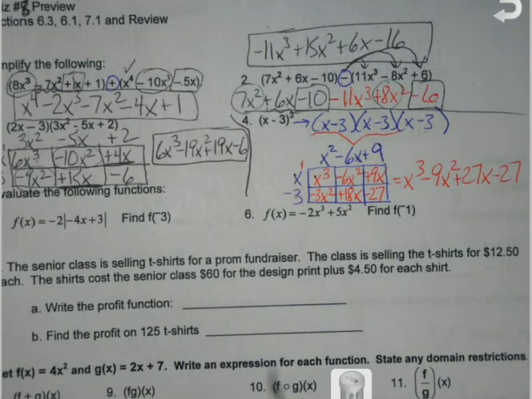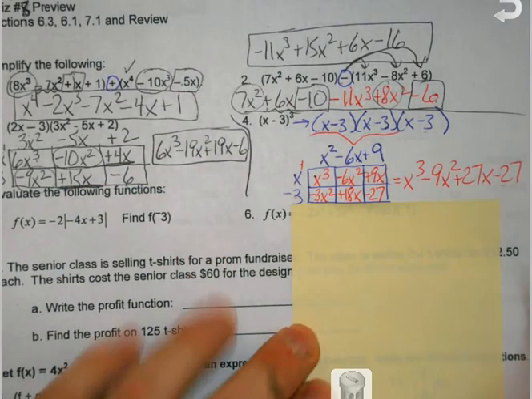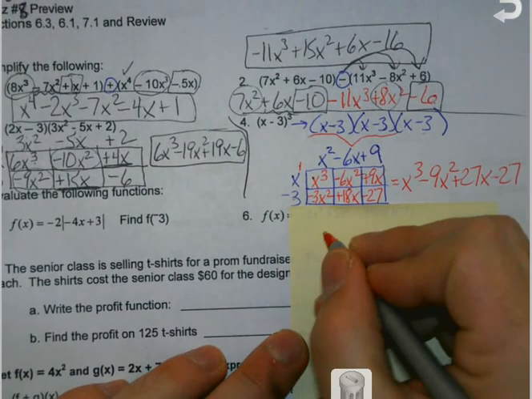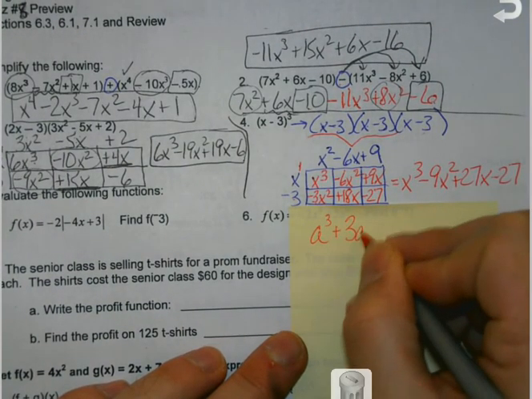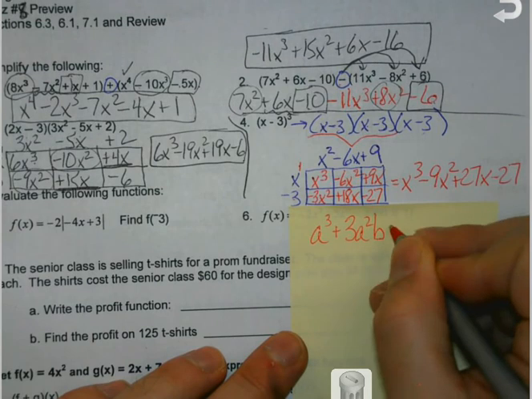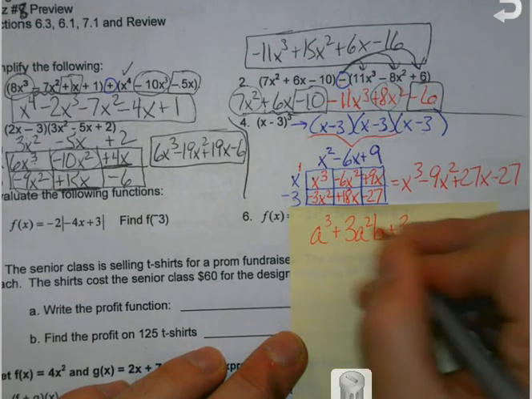And again, for those of you that are saying, now you keep talking about this pattern, I don't remember, how'd that pattern work again? The pattern when you're dealing with a cubic, we'll just make note of it here so you can see it, would be a cubed plus 3a squared b plus 3, oops, not when it's minus.